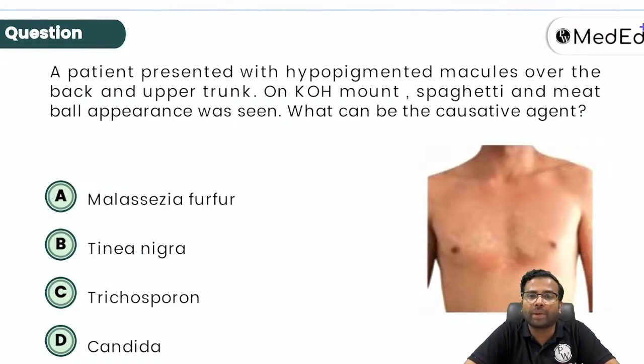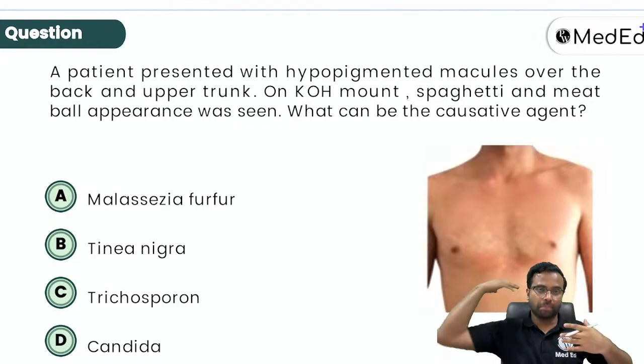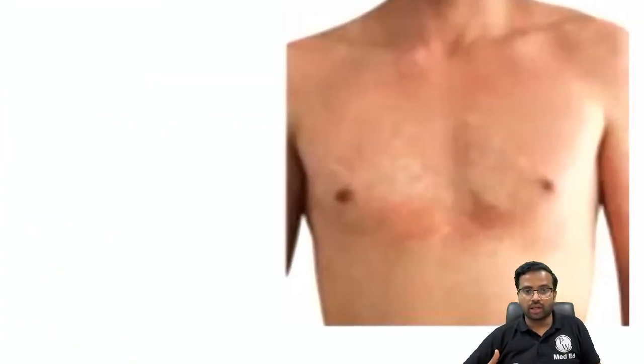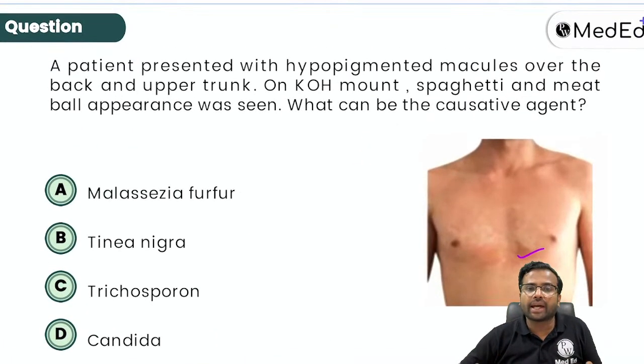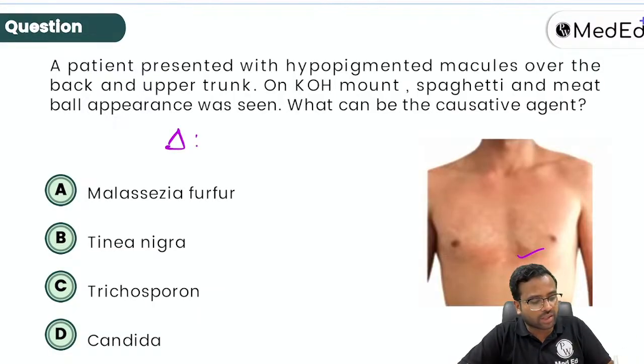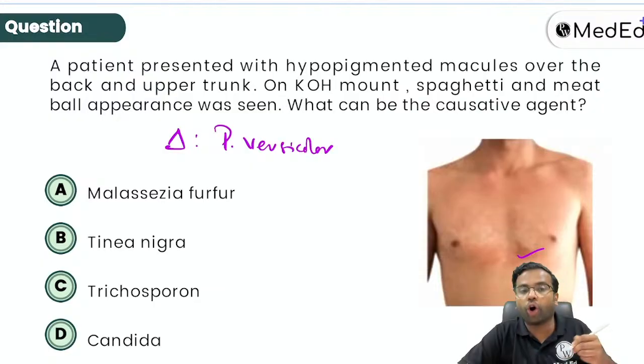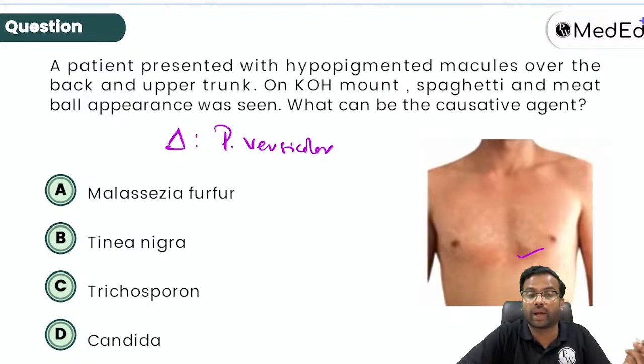Option A. Hypopigmented macules are seen over the back and the upper trunk. So these are hypopigmentation, which I can see. Spaghetti and meatball appearance was seen. So here, what is the diagnosis? The diagnosis should be pityriasis versicolor or tinea versicolor. So in those cases, it can be caused due to malassezia furfur or malassezia globosa.